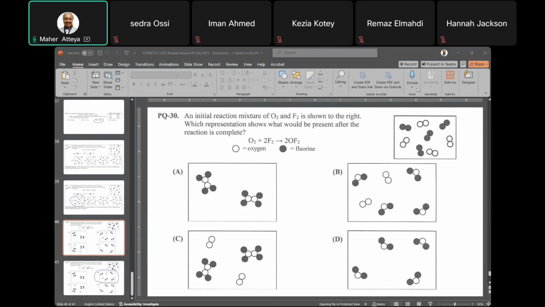An initial reaction mixture of oxygen and fluorine is shown at the bottom.